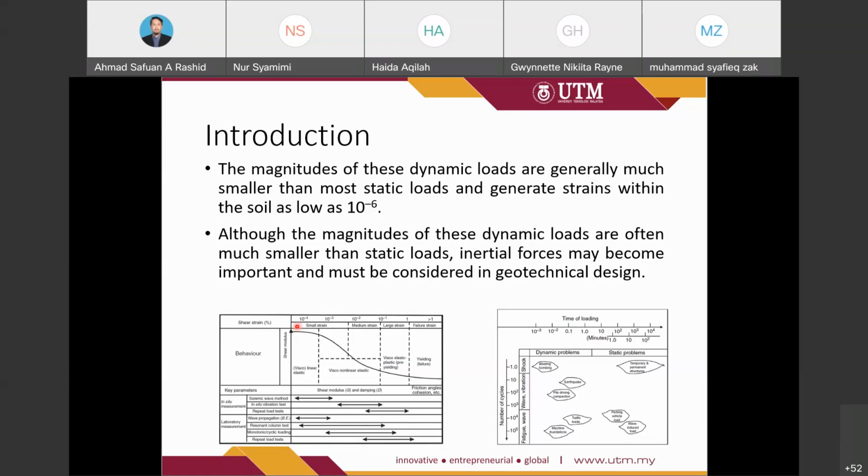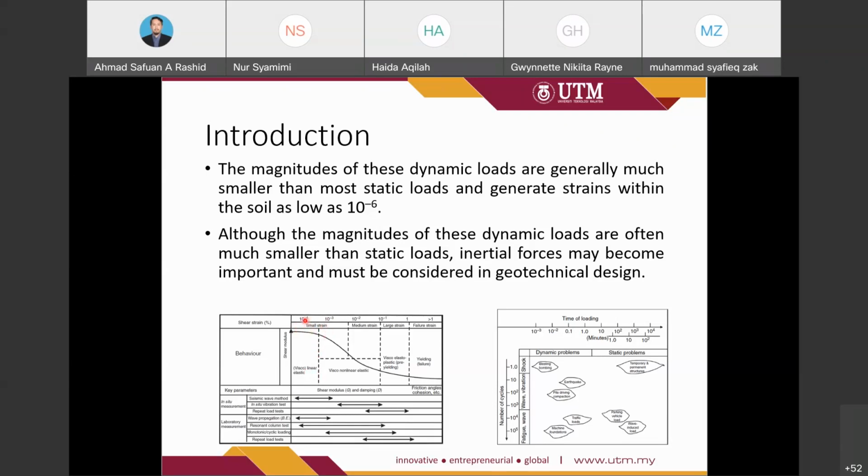So there are no permanent deformations in this part. At this strain, both the number of loading cycles and the rate of loading have a negligible effect on the soil behavior.